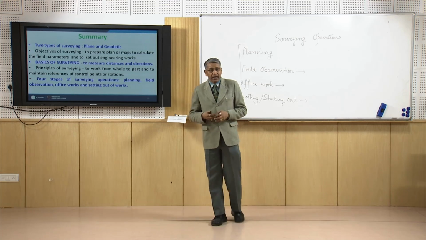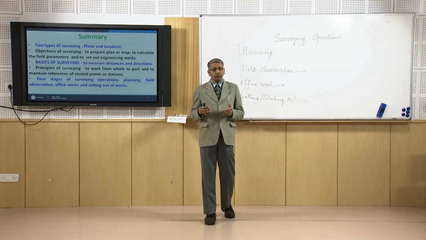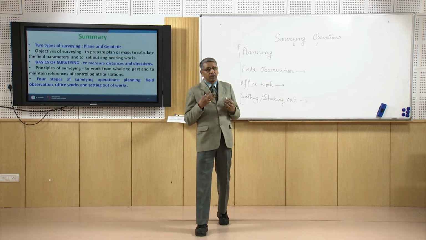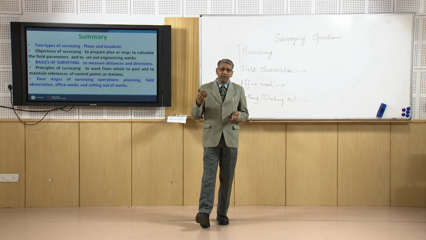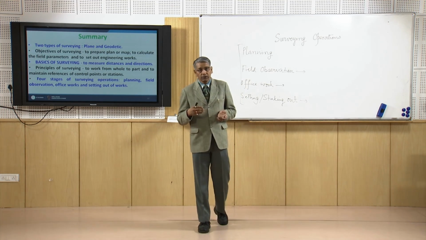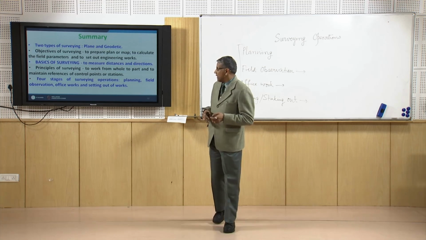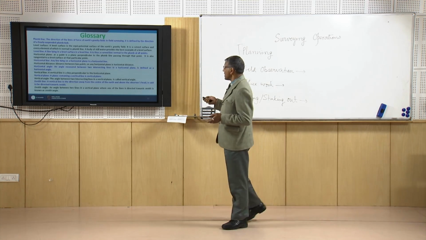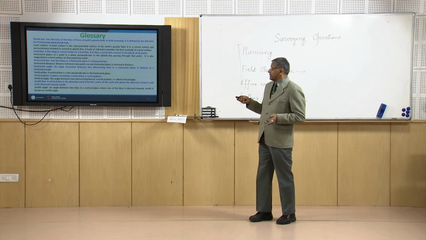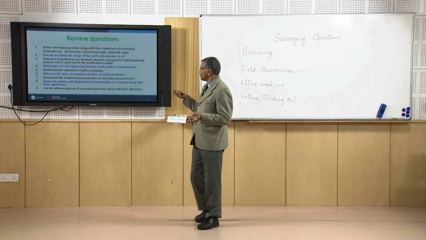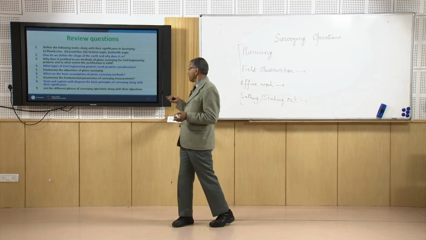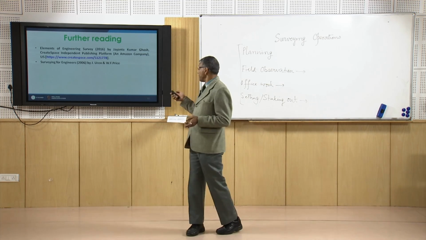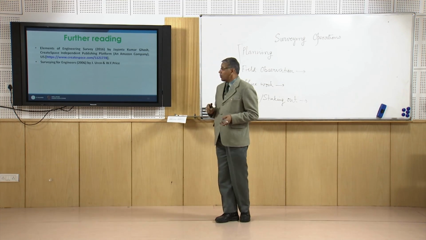Whenever we carry out surveying, we need to go first for planning, then field observation, after that office work, and finally staking out operation. With this, I would like to conclude. The glossary and review questions are for your study, and if you want to study more, you can consult these 2 books.